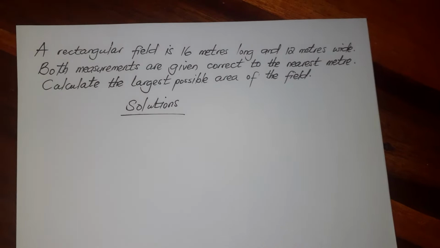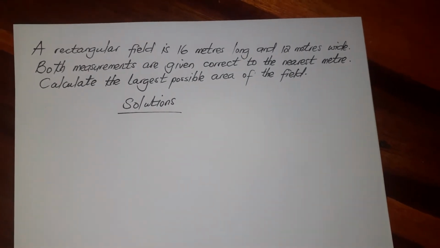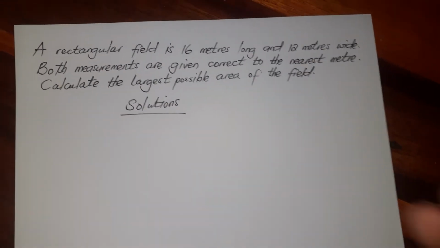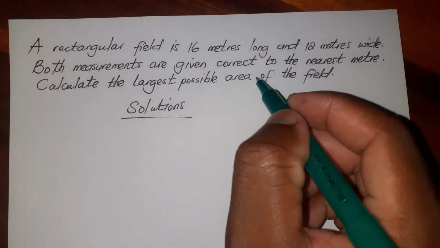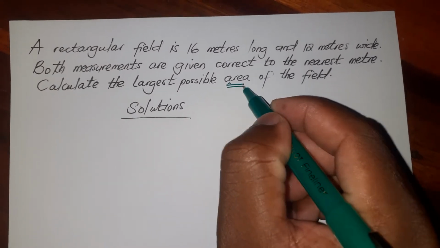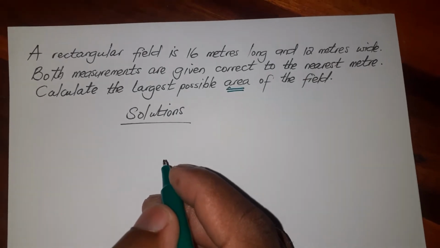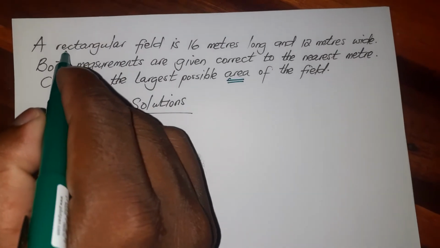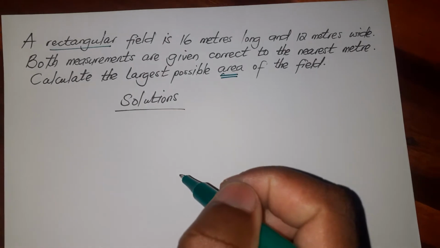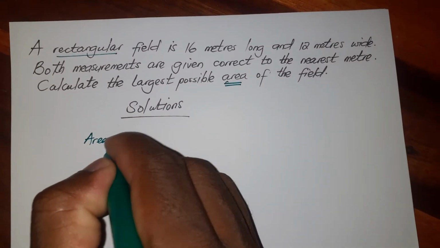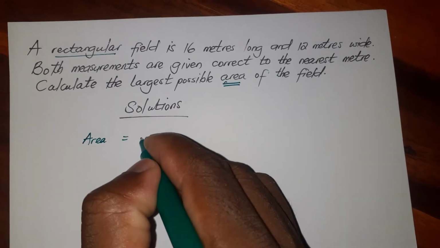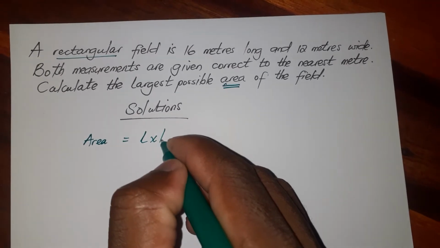Now, since we want to find the largest possible area, we have to state the area of the rectangle. So we write area of rectangle equals the length times the breadth.